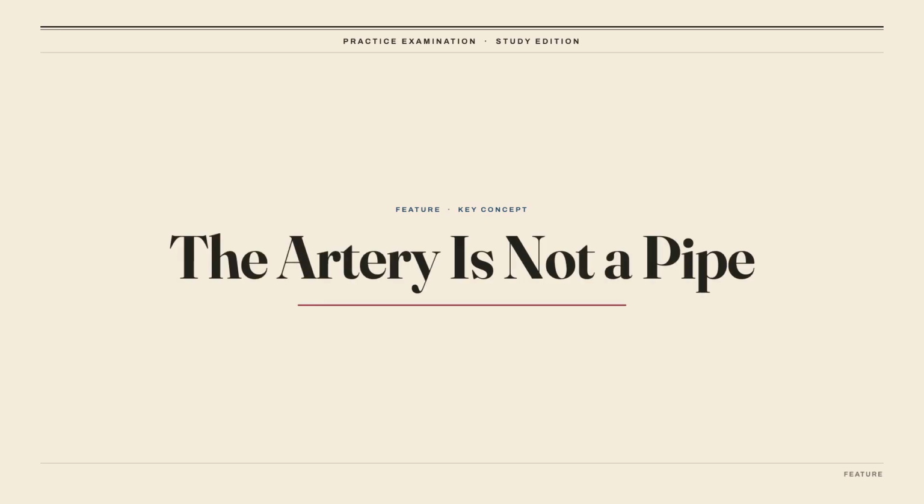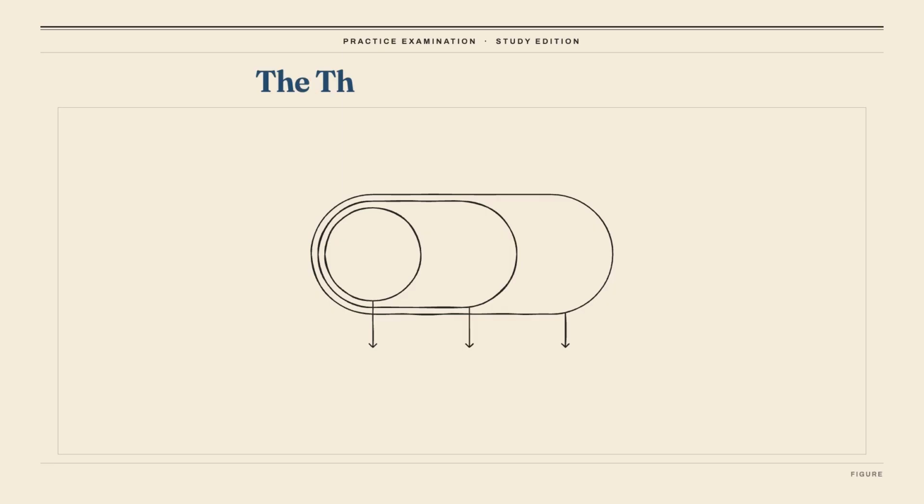An artery is a three-layer composite structure, and each layer does a specific job. Once you understand that architecture, aneurysm, dissection, atherosclerosis, and pseudoaneurysm stop being four memorized terms and become four predictable consequences of damage to identifiable tissue.